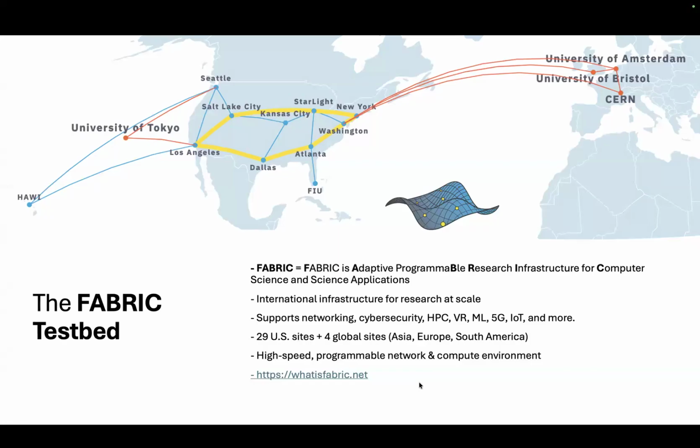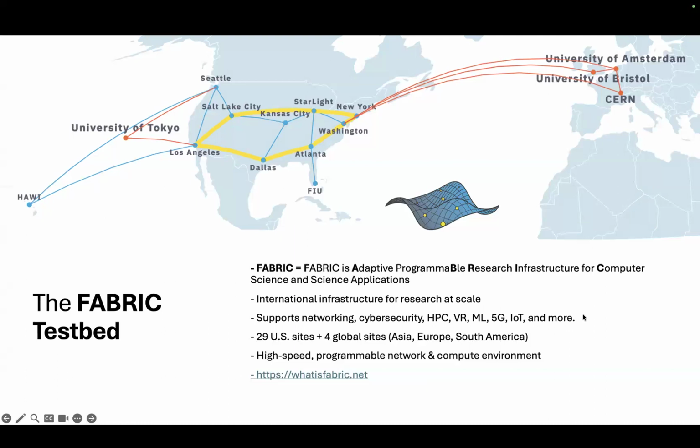Interestingly, more recently, P4 Tofino switches that users can provision and program. Of course, it's across 29 sites in the United States, across multiple campuses, as well as 4 global sites, including CERN, where both NRP and Fabric coexist as well.